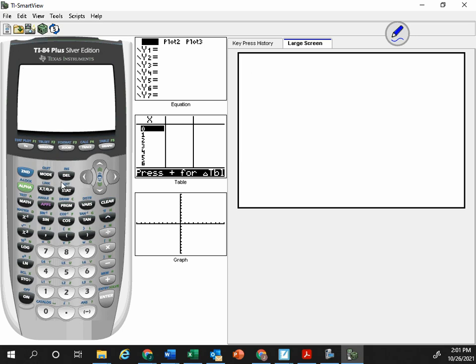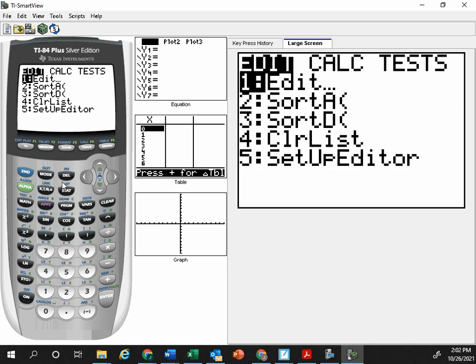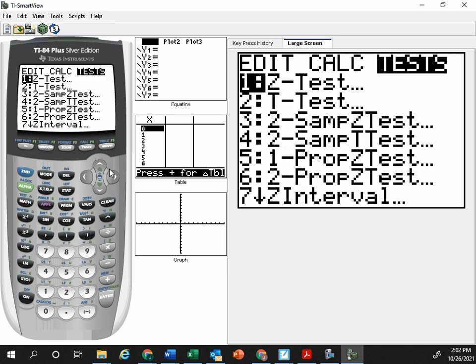Okay, any guesses where we're going to go to do a hypothesis test? Stat, test. Crazy idea, right? Stat, arrow over to test. We have a lot of tests to choose from here, including the two-sample ones and proportions.